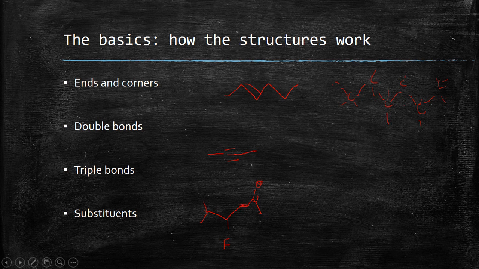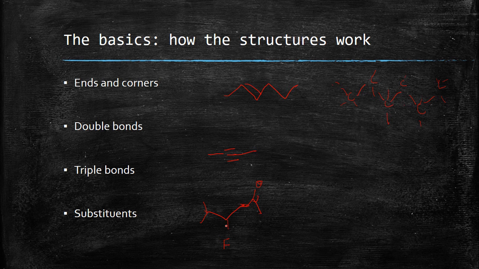So that's a straight line, that's not bent. All right. We obviously have the ends and the corners, so we've got 1, 2, 3, 4 up here, and then 5 down there. Just remember that even though it's hidden underneath that double bond, it's still there. And then we also have a little methyl group coming off here. That's a carbon coming off, which will have 3 hydrogens attached to it.